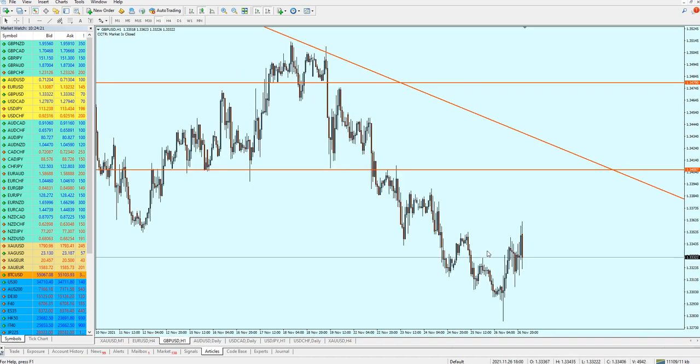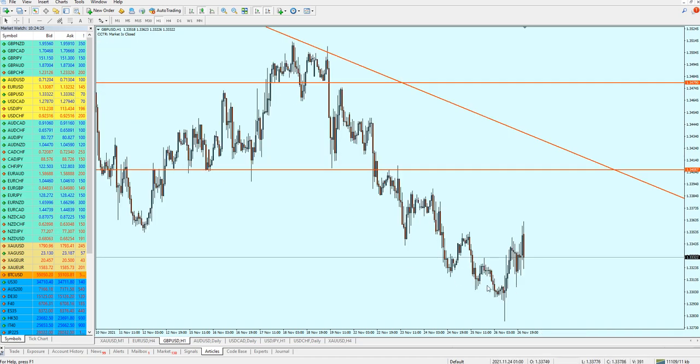1 hour time frame. Yes, definitely. We're having here a head and shoulders pattern, an inverted head and shoulders pattern. Indeed. Yes, we're having here the head, left shoulder and right shoulder, which means the pair has the potential to continue the rise from that level.